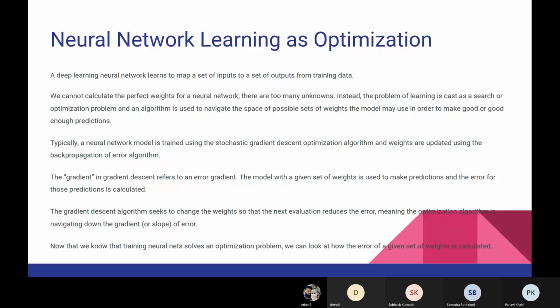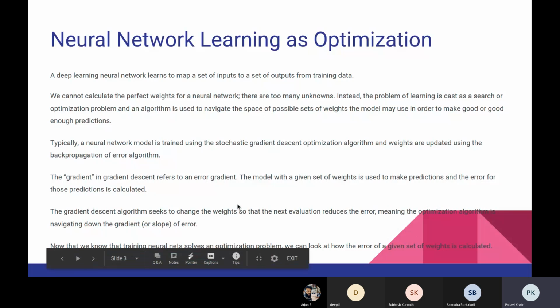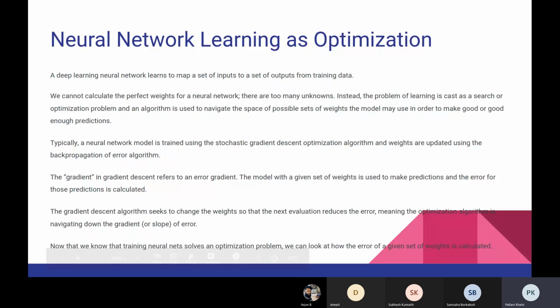We plot the error over a graph, and then try to reduce that error so that the gradient or slope of the error graph comes down. This is a representation where I can visualize gradient descent.